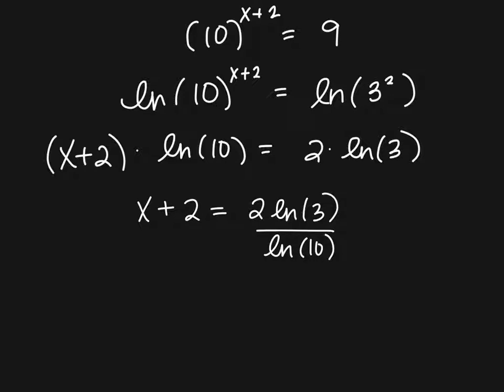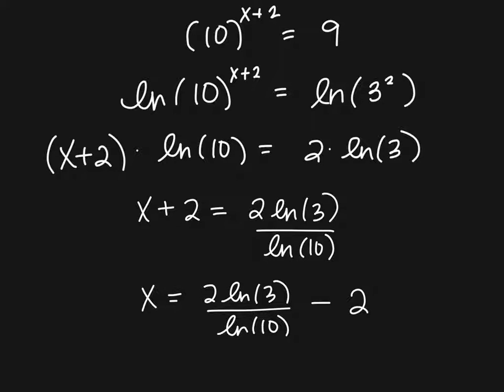Then we subtract the 2: 2 ln 3 over ln 10 minus 2. That's called the exact form. If they say you're allowed to use your decimal and get it to the nearest thousandth, then you type that into your calculator, get the decimal, and then tell me what it is.